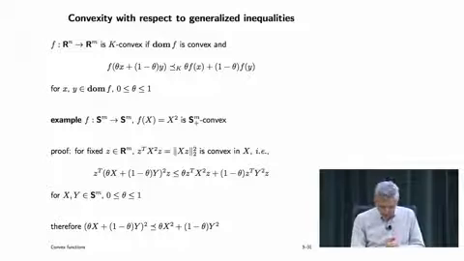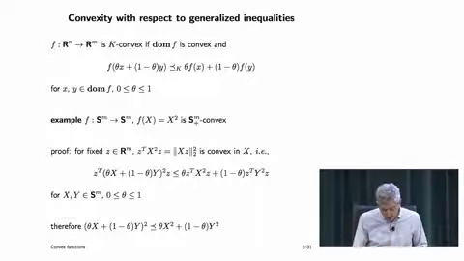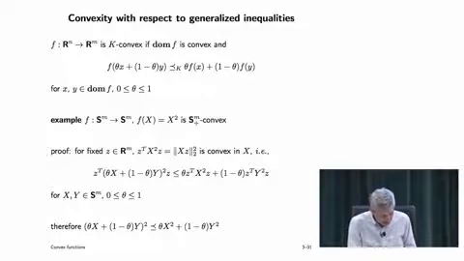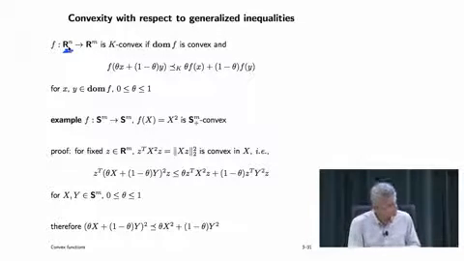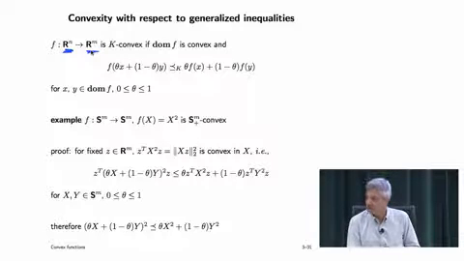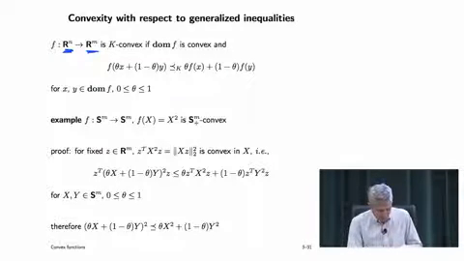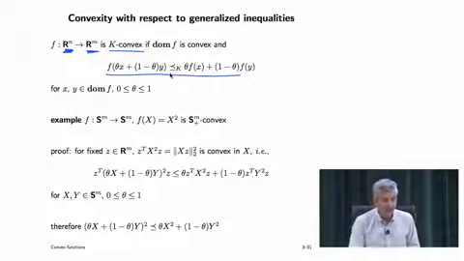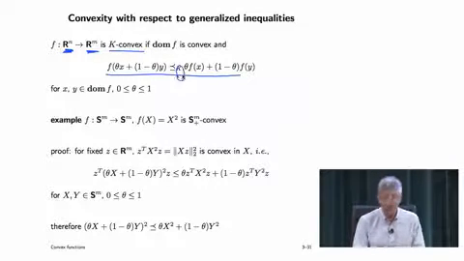And our final generalization of convex functions is to the idea of vector values, right? So here the idea is I'll take a function which takes, as usual, a vector argument, but it returns a vector, not a scalar. You define a function to be k-convex if the domain is convex and if this Jensen inequality holds, but it holds with respect to this cone k.